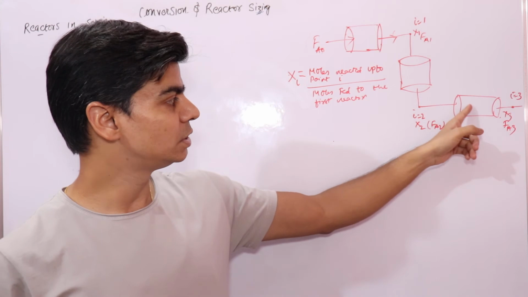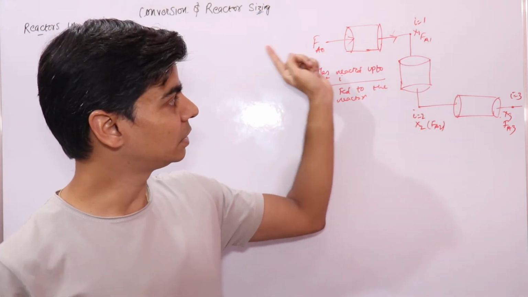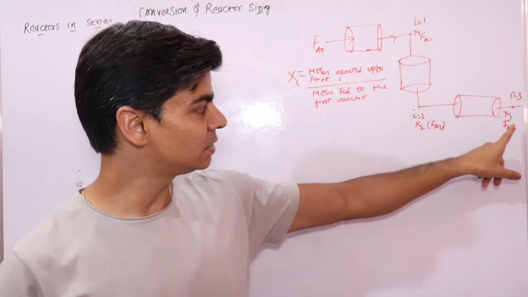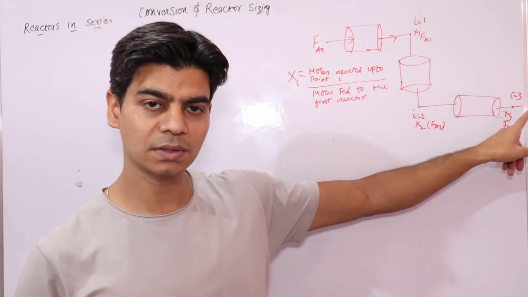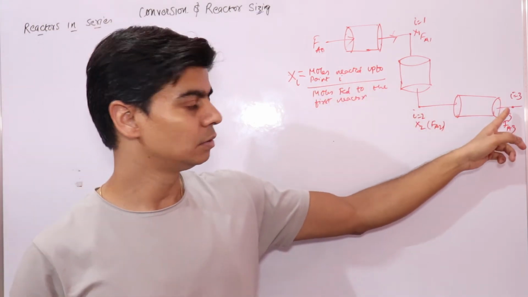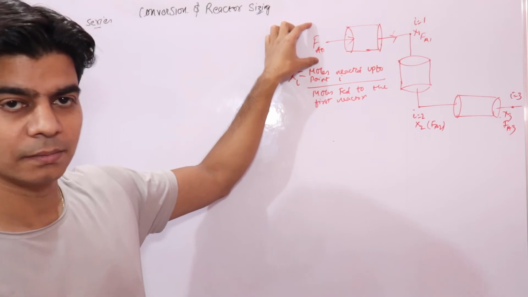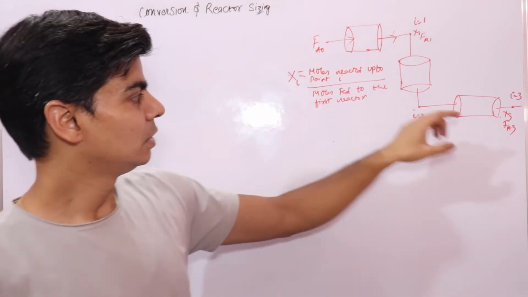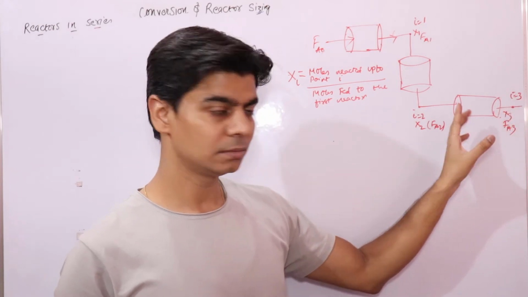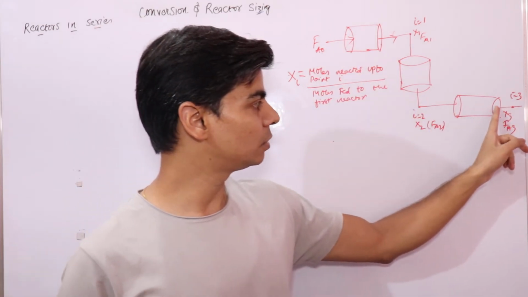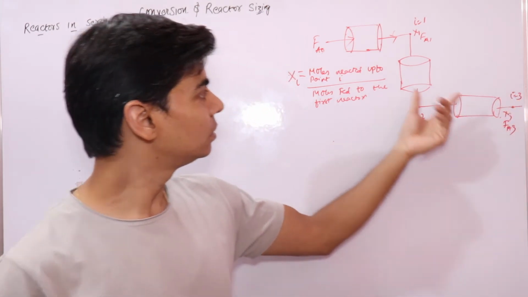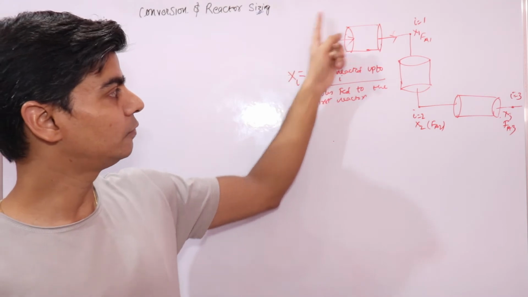The total conversion achieved after the reactants flow through these three reactors in series is the moles reacted up to point i, divided by the total moles initially fed to the first reactor.